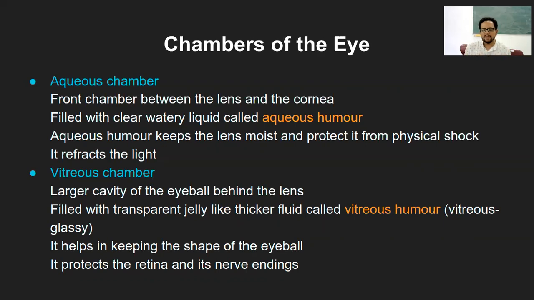So if the vitreous fluid completely fills the eyeball, it will act as an intact spherical structure. That is the function of this vitreous liquid, and it also protects the retina and its nerve endings. That is another function, obviously with the help of certain immune cells and so on.